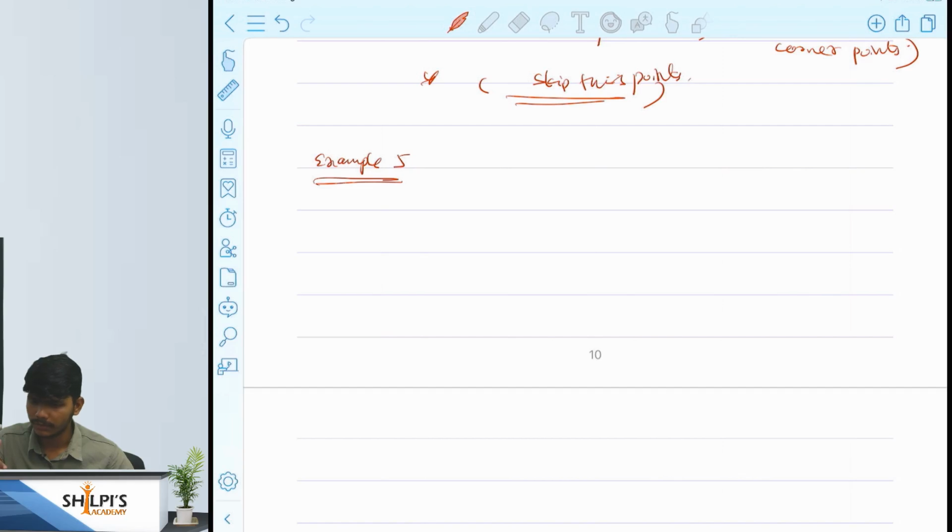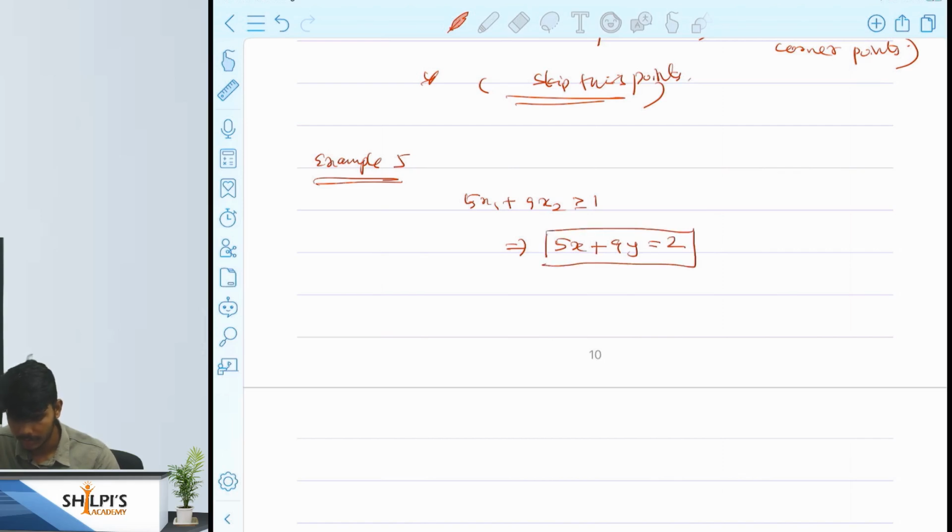They have given 5x1 plus 4x2 greater than or equal to 2. For our convenience, I will take x1 and x2 as x and y, since we have been solving the problem like this from the beginning.